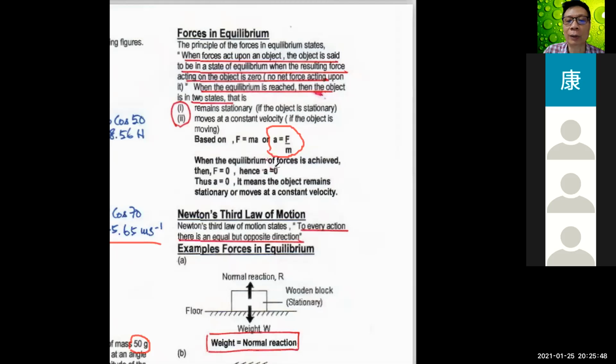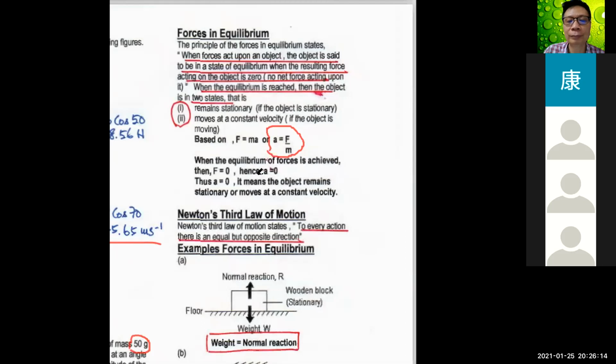Once a is 0, acceleration 0 means velocity is constant, right? F is 0, a is 0. When a is 0, it means the object remains stationary, not moving, or moving with constant velocity. This further proves that the definition of forces in equilibrium is correct.